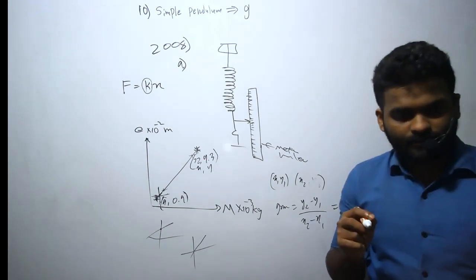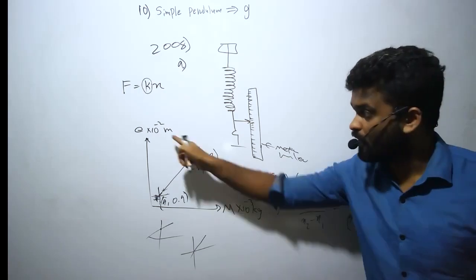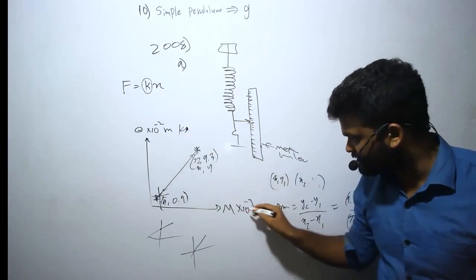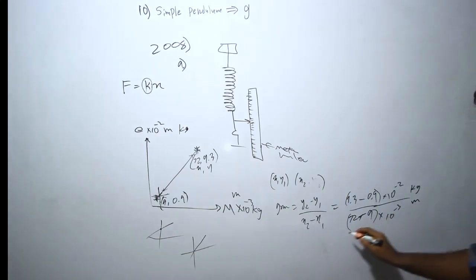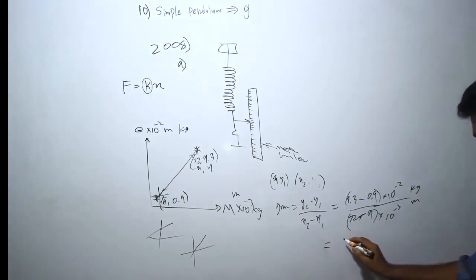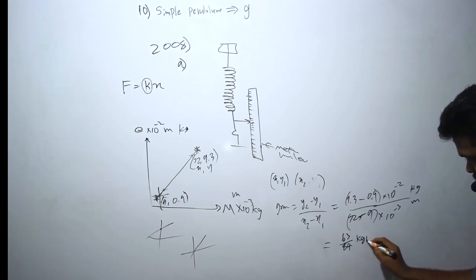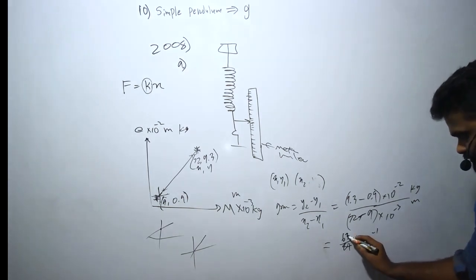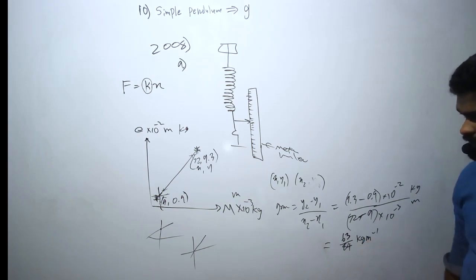So what is the unit of this? Y divided by x. Y is measured in kilograms, x is measured in meters. So kilogram divided by meter. You get the gradient as 63 divided by 84 kilograms per meter, right?